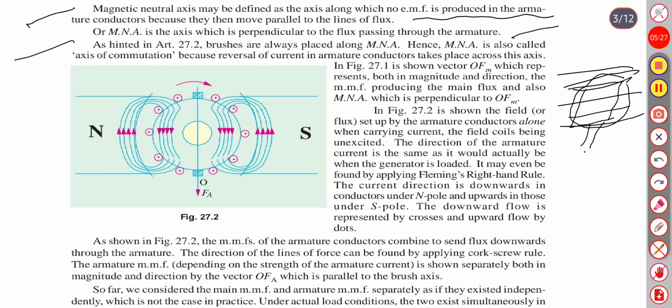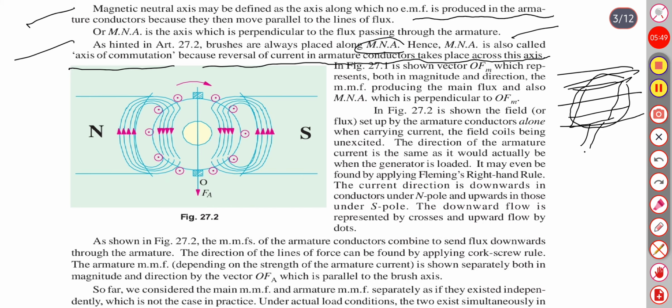As hinted, brushes are always placed along MNA. Hence, MNA is also called the axis of commutation, because reversal of current in the armature conductor takes place across this axis.